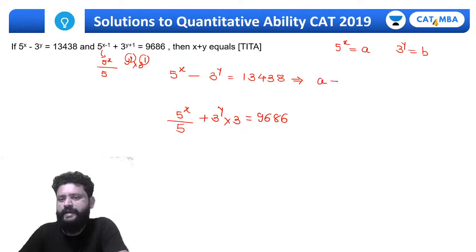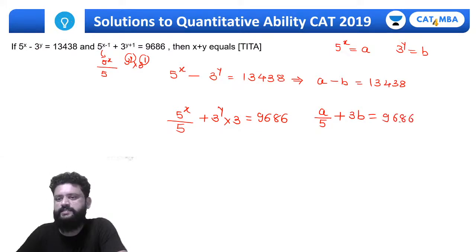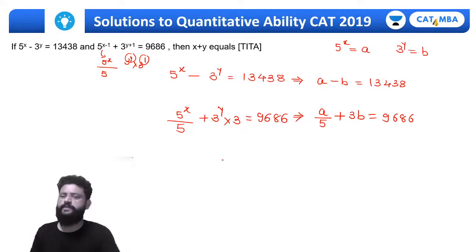This is a minus b is 13,438. And here देखो a upon 5 plus 3b will be equal to 9686. So looking at this, a और b तो मिल जाएंगे ना गाइस अपने को.